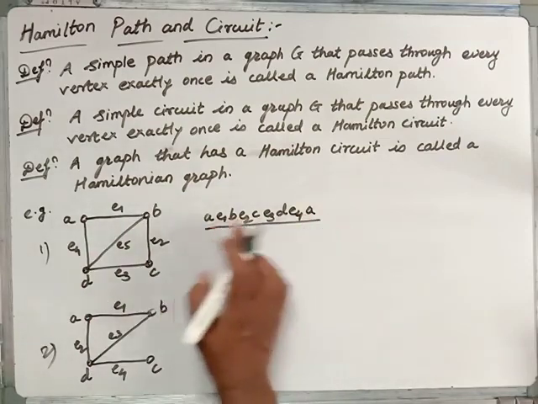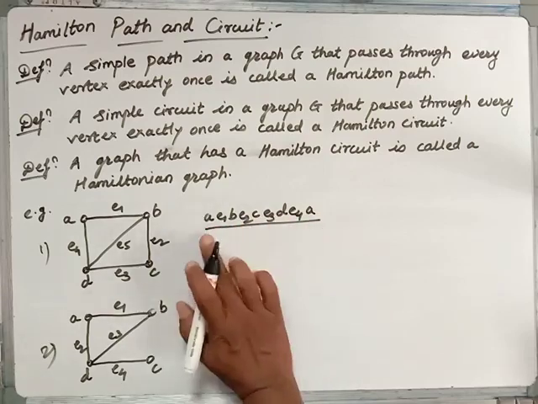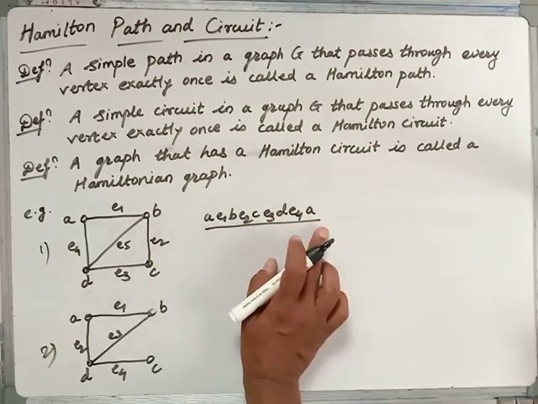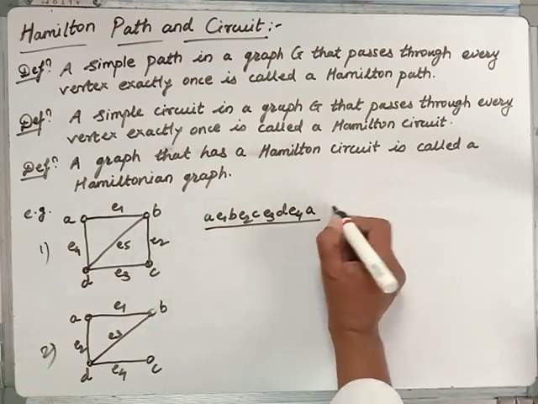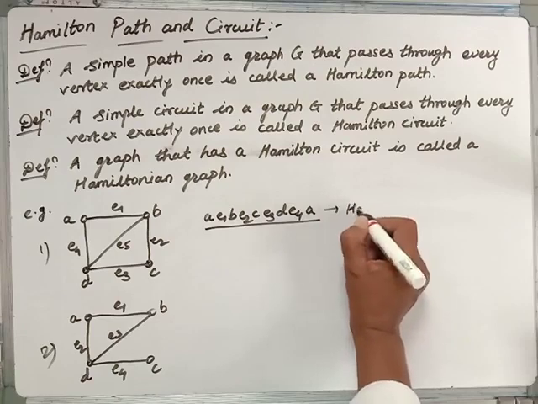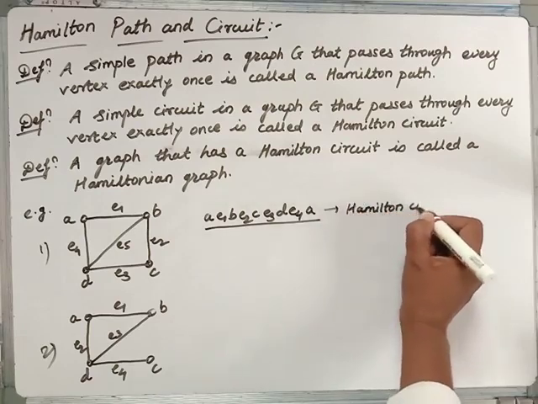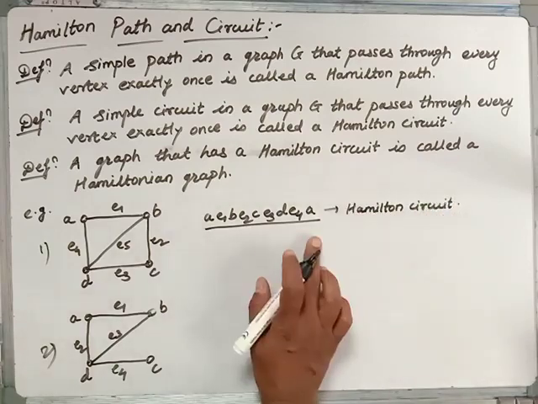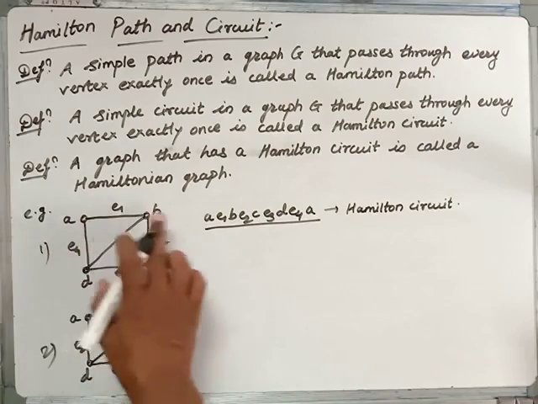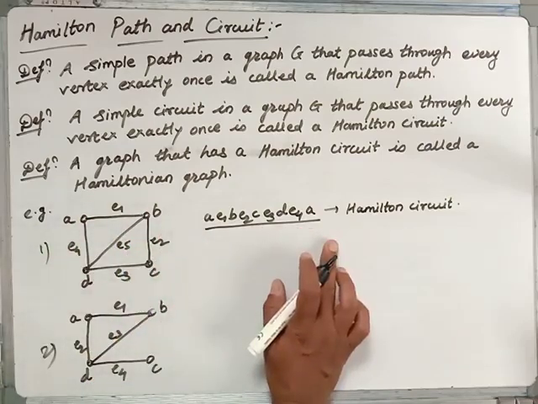You know that the exception is for the initial and terminal vertex, which will be the same, right? So this is a Hamilton circuit. Here the vertices come exactly once, but it is not required that all edges should come there, right?